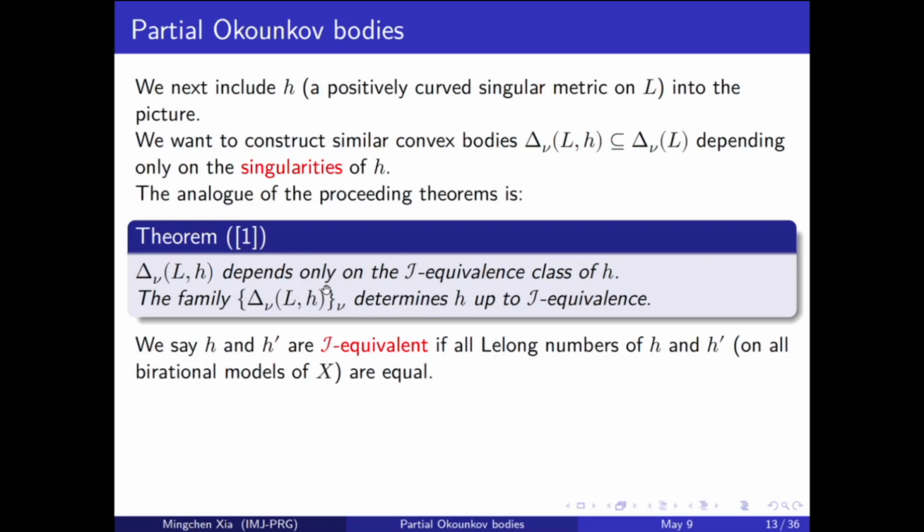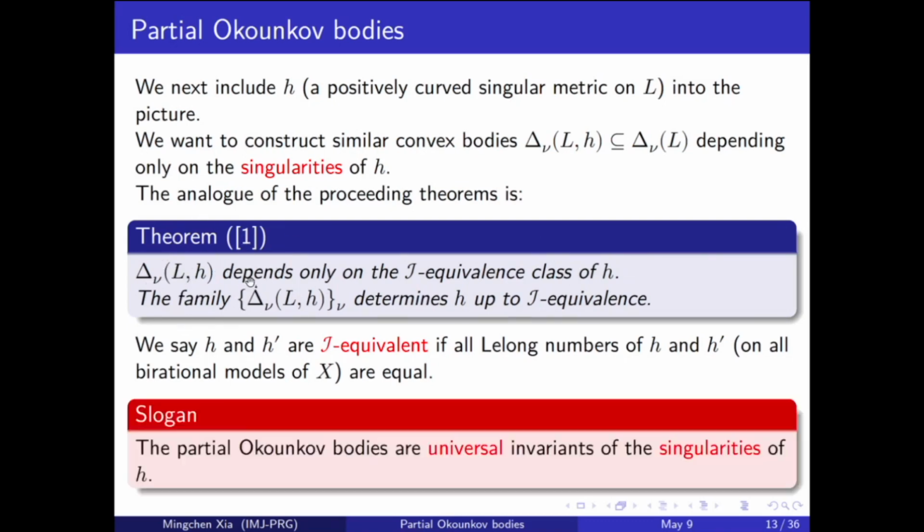But anyway, the theorem tells you that the singularities up to some natural equivalence are completely determined by these partial Okounkov bodies. So similar to the slogan for the Okounkov bodies, here we have a slogan for the partial Okounkov bodies. The partial Okounkov bodies are universal invariants of the singularities of our given metric h.